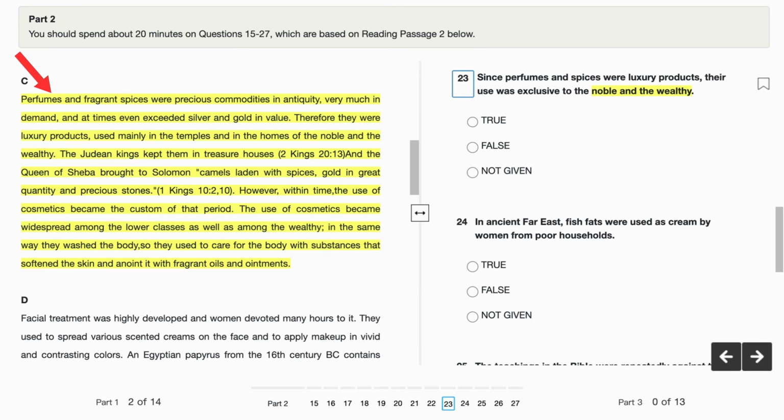However, within time, the use of cosmetics became the custom of that period. The use of cosmetics became widespread among the lower classes as well as among the wealthy. In the same way they washed the body, so they used to care for the body with substances that softened the skin and anoint it with fragrant oils and ointments.